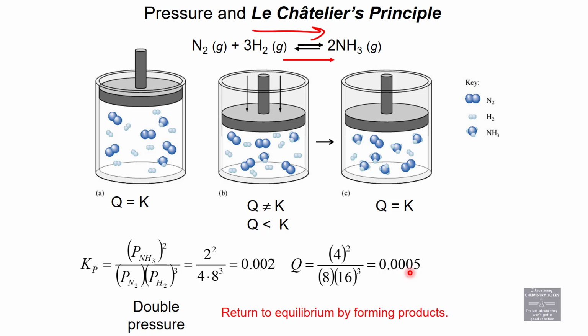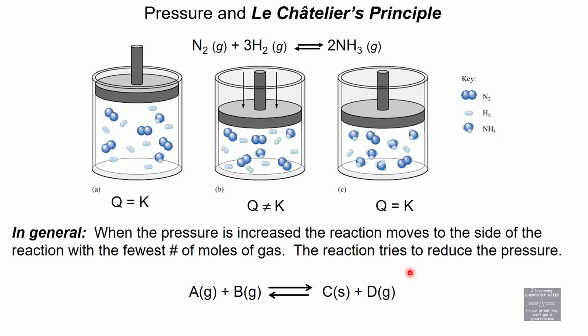How does this work for gases? In general, when the internal system pressure is increased, the reaction shifts toward the side with the fewest moles of gas, because the reaction is trying to reduce pressure.